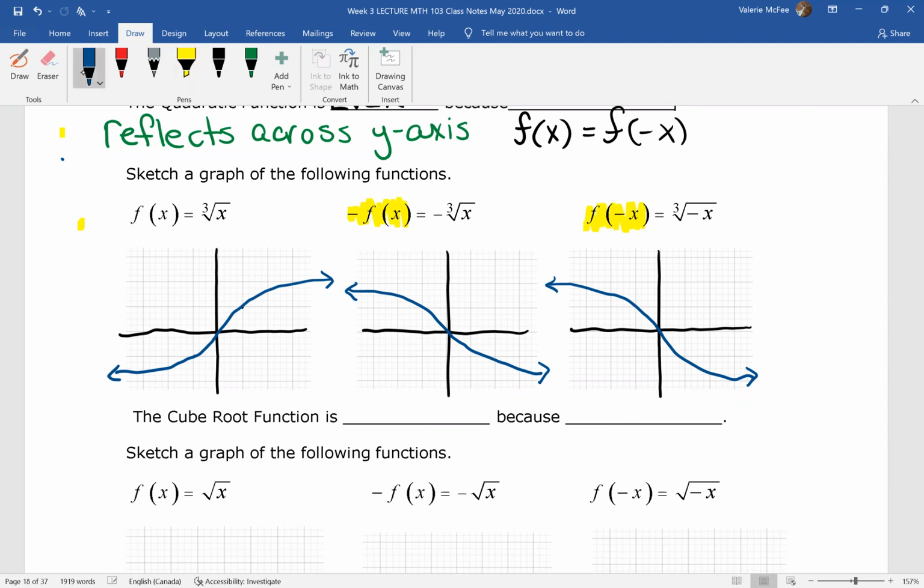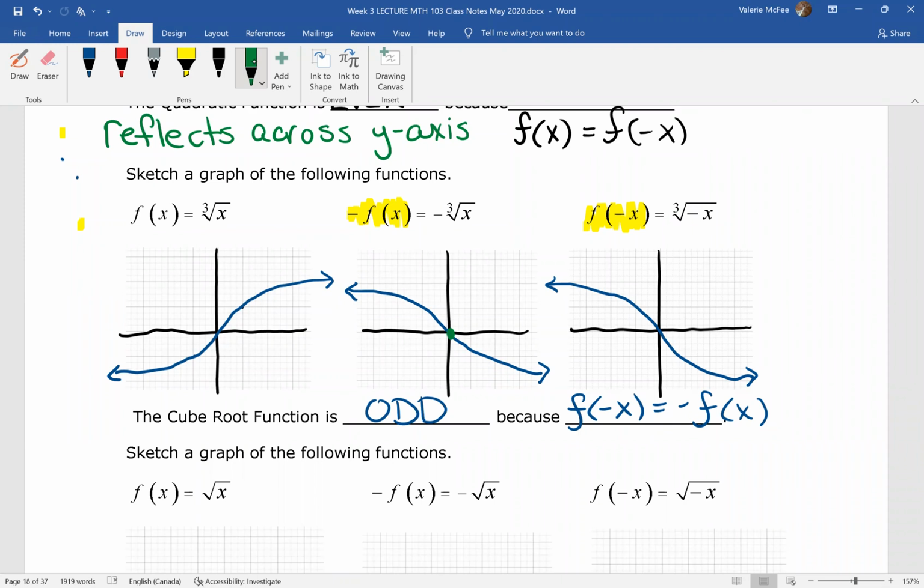What did we say when f of negative x equals negative f of x? We said then that this function is odd. And you'll notice if I hold a pin at the origin and turn it 180 degrees, it's the same. This is an odd function.